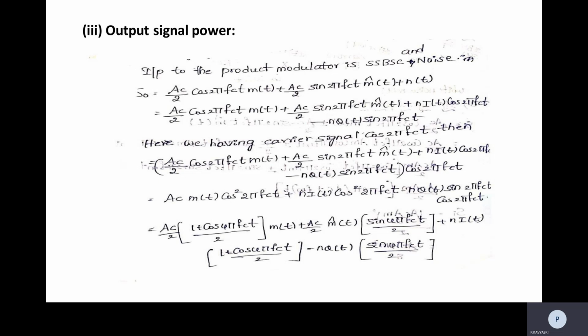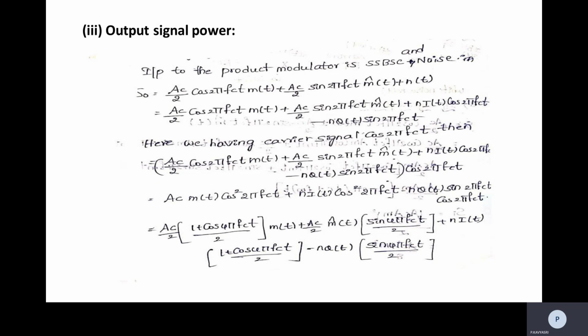Ac into m of t cos square 2 pi fct plus ni of t cos 2 pi fct minus nq of t sin 2 pi fct cos 2 pi fct. Then I'm writing it from the trigonometric formulas: cos square 2a is equal to (1 plus cos 2a) by 2.